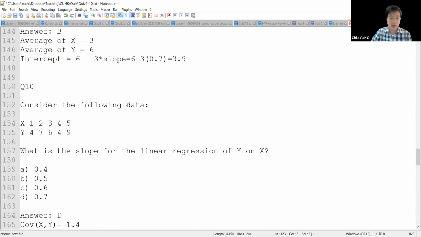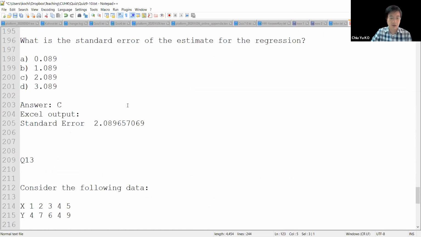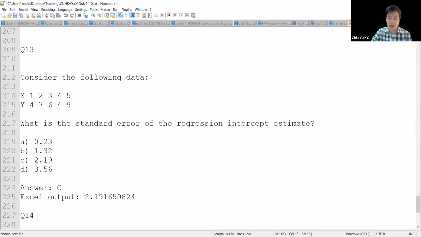So questions 9, 10, 11, 12, 13, 14 will be with data. Let us go to the data. For the sake of convenience, I already have the data ready here.